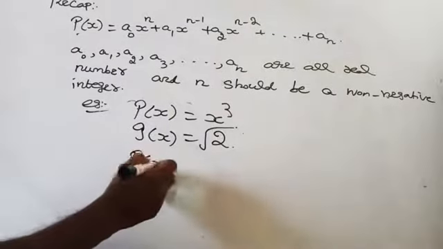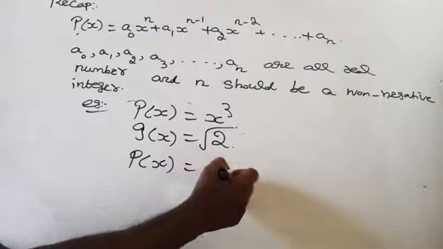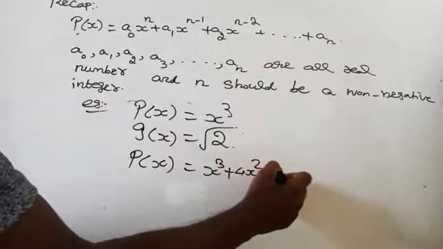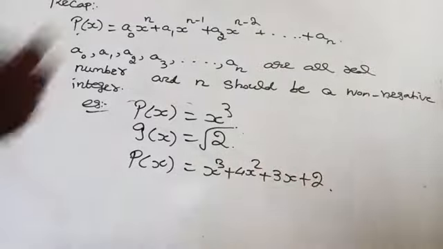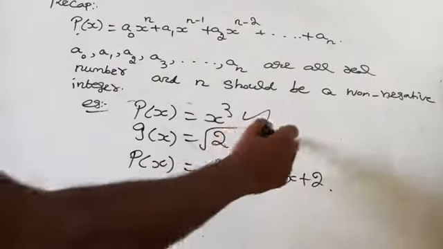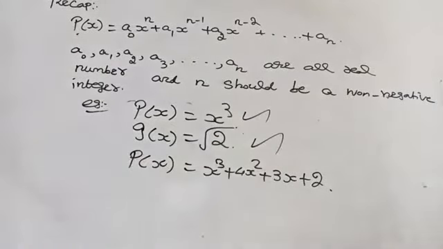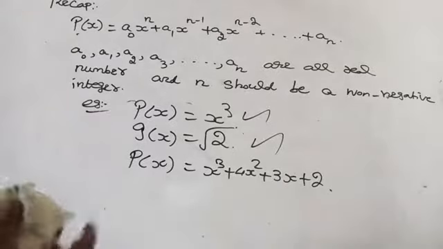Otherwise p of x is equal to x cube plus 3x square plus 4x square plus 3x plus 2. Either only the variable, or only the constant term, or a combination of variable and constant, is called what? Polynomial.